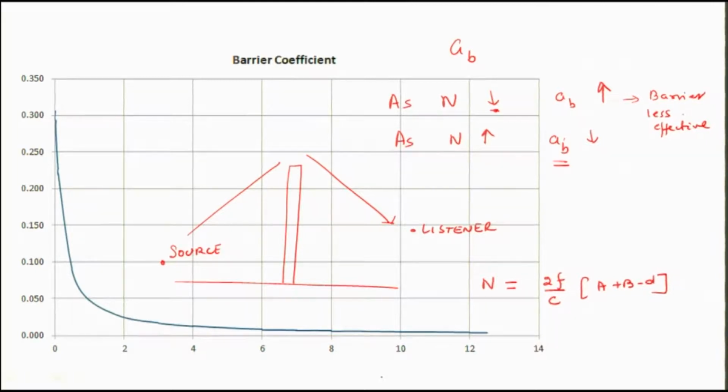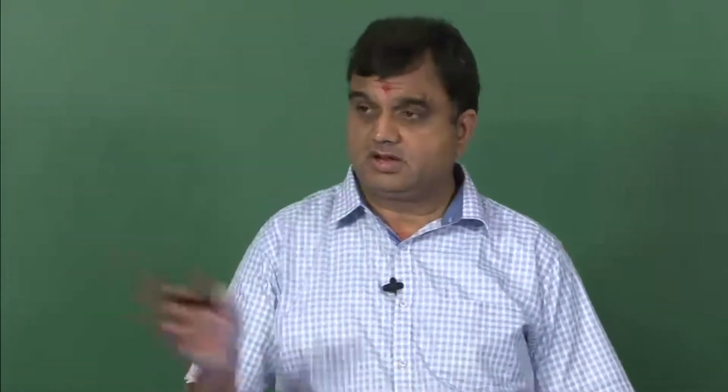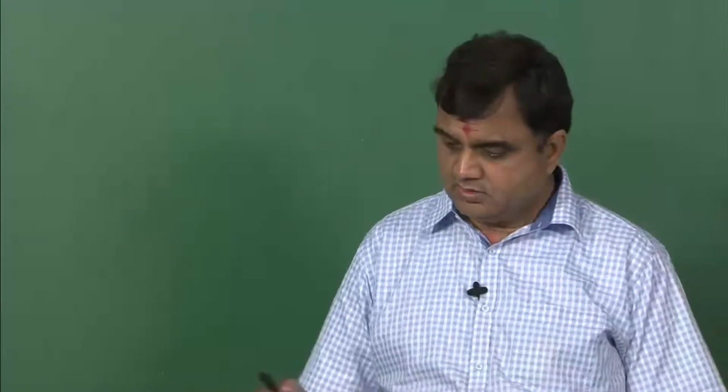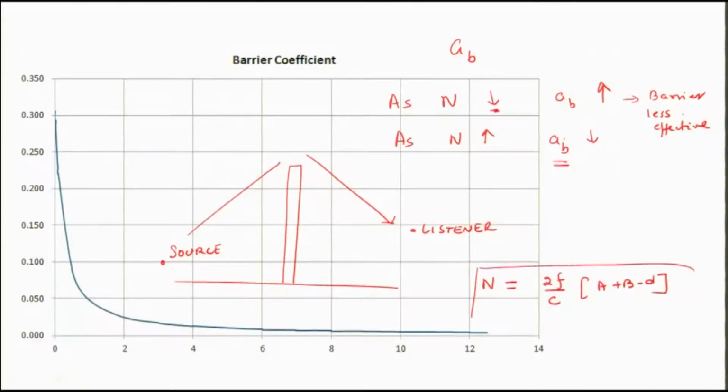If you have very low frequencies, the barrier will probably not be effective at all, it will be just transparent to noise, all the sound will just go there and reach there. So, this is important to understand, but if the frequency is high, then AB becomes small and we get the benefits out of it.